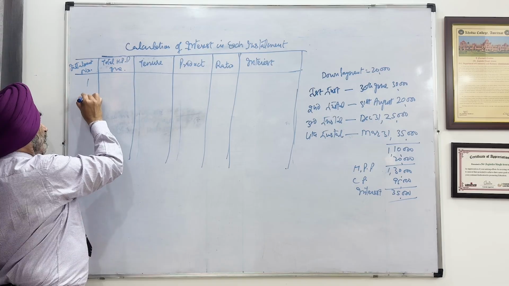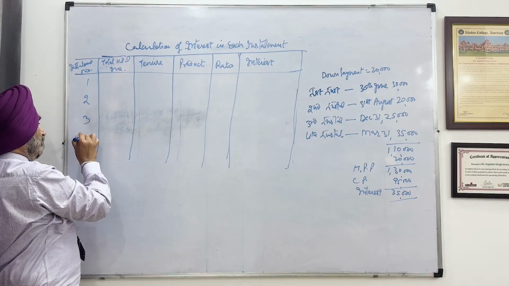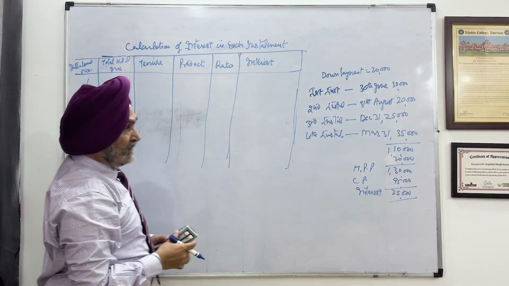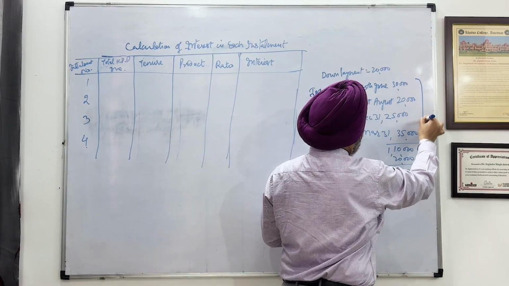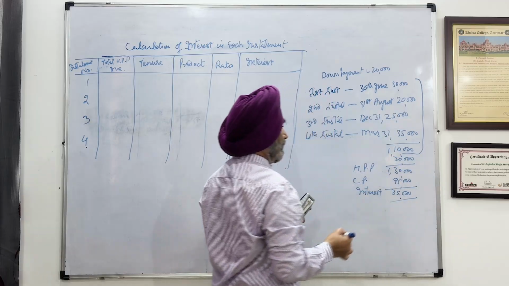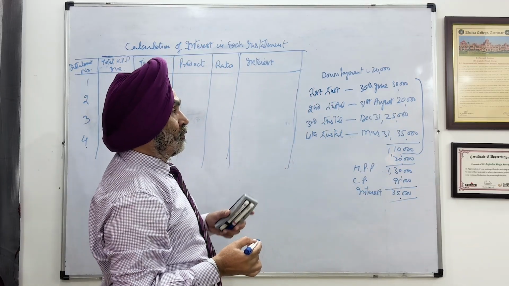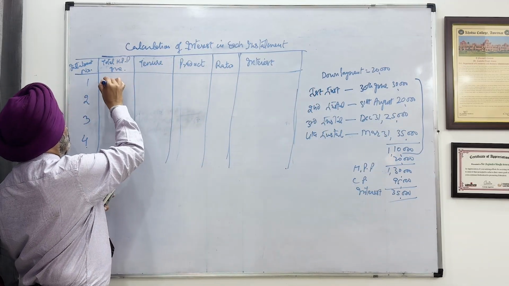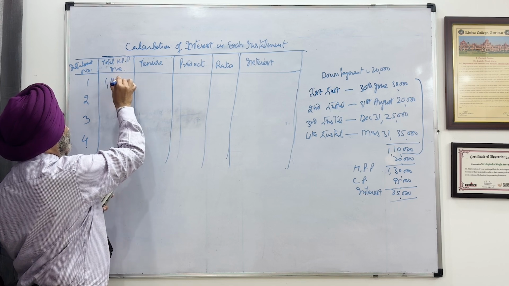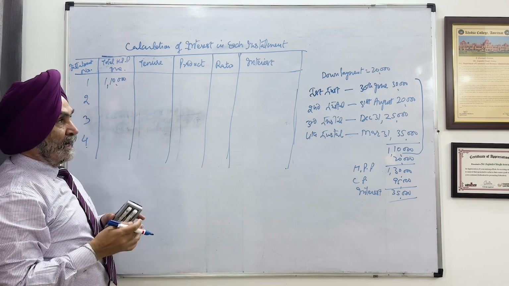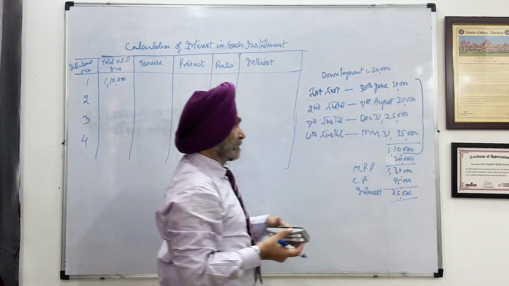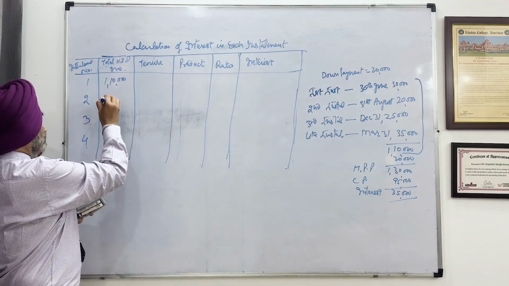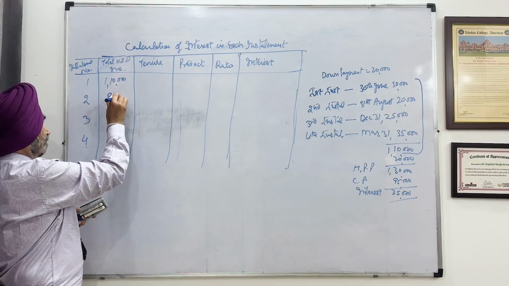Because there are 4 installments, at the time of first installment, the total hire purchase price due was 1,10,000. At the time of the second installment, this is excluded, it means 80,000.